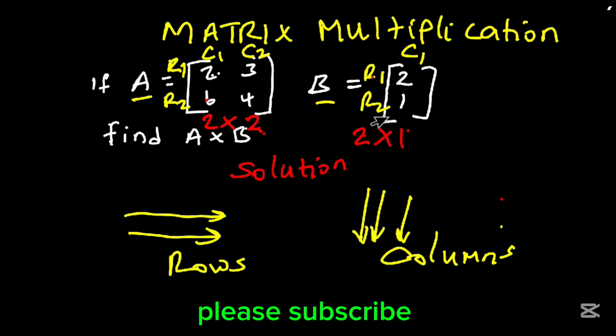And then there's another thing you need to know. For you to multiply matrices, the number of columns of the first matrix must equal the number of rows of the second matrix. All right? If they are not the same, then you can't find their product. And what does this 2 and 1 here tell us? This 2 and 1 is going to be the order of the resulting matrix.